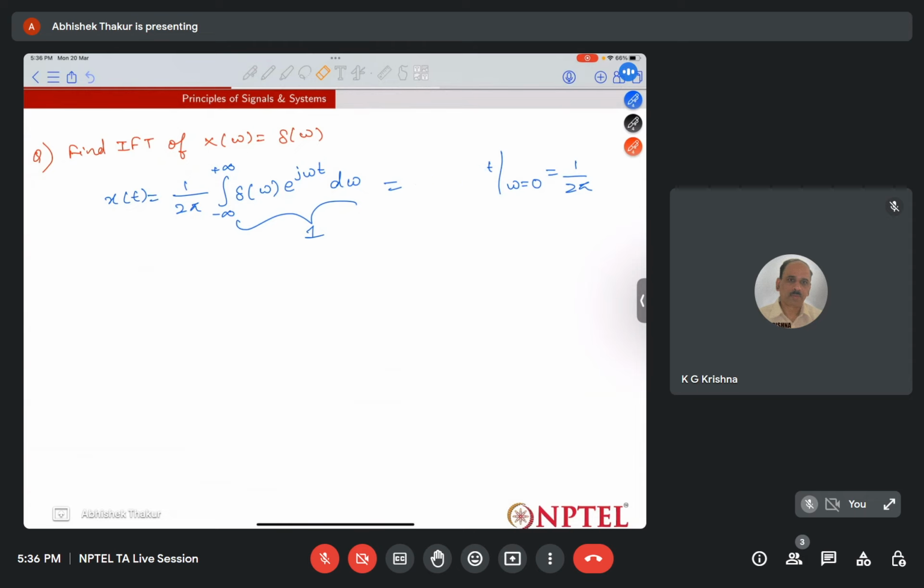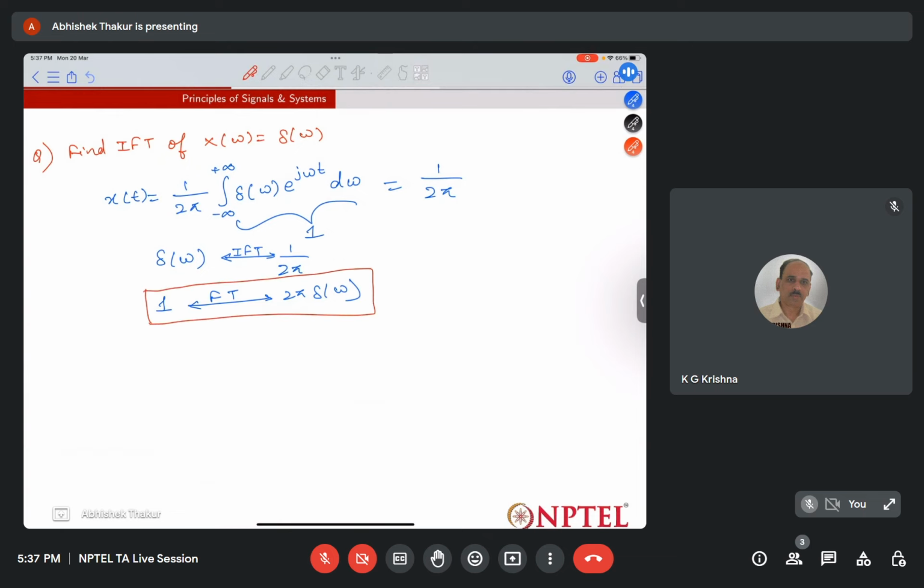So the inverse Fourier transform of delta omega is 1 by 2 pi. When you multiply by 2 pi, you can get it like this also: the Fourier transform of 1 is 2 pi delta omega. So this is also important. Just remember this. These are for some basic signals.